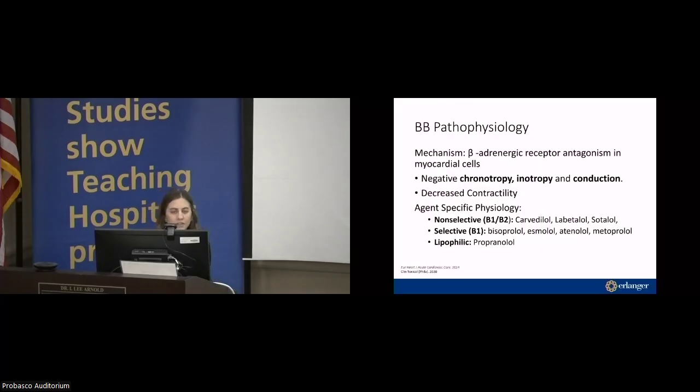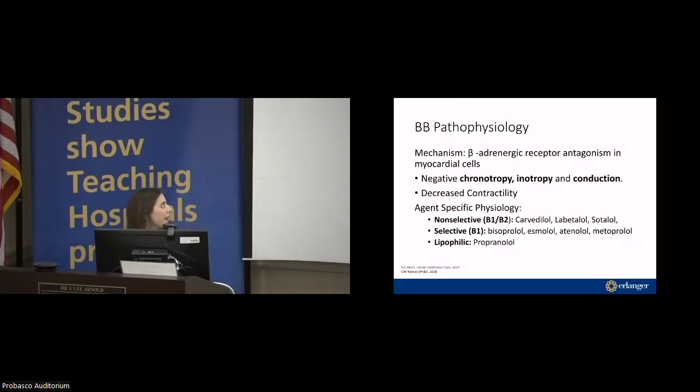To go into the pathophysiology specifically of beta blocker overdose, this is a beta adrenergic receptor antagonism in myocardial cells. It causes negative chronotropy, inotropy, and conduction. It decreases contractility.